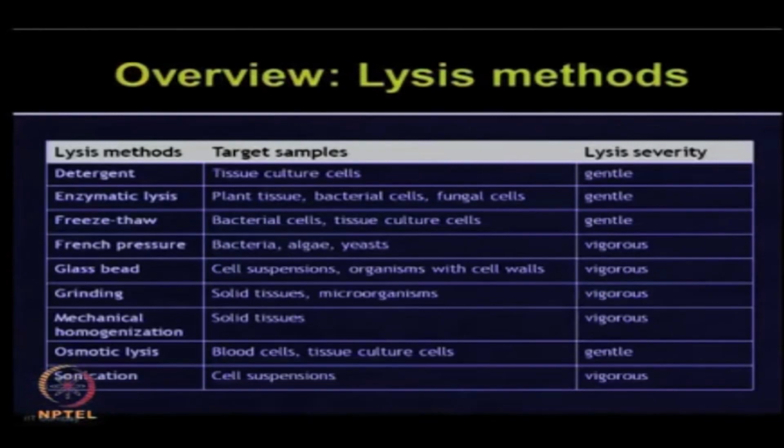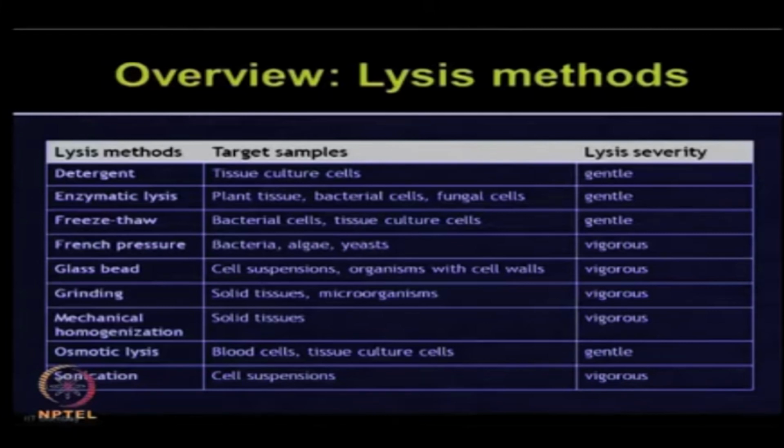Now I will give you an overview of lysis methods. We have talked about all of these methods briefly. One can use detergents if your target sample is tissue culture cells. This provides a gentle lysis method.